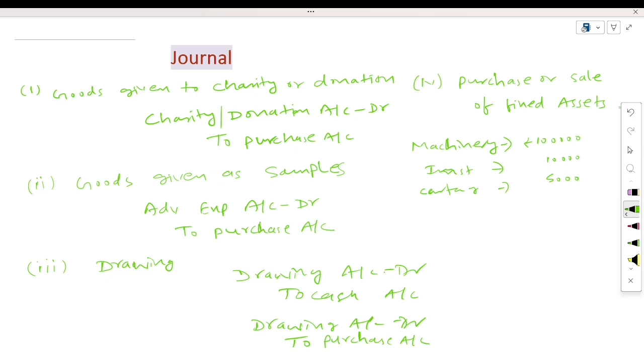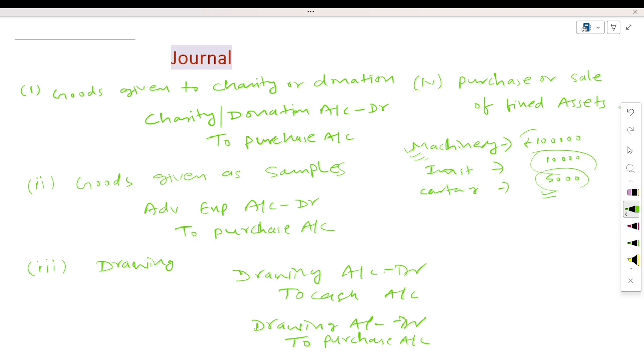So what entry will you pass? How will these amounts, installation charges, and cartage be adjusted? Remember the point here: whenever you are purchasing any type of fixed asset, all these expenses will be charged to the asset account, not any other account.